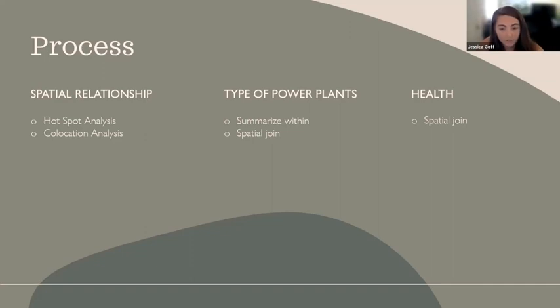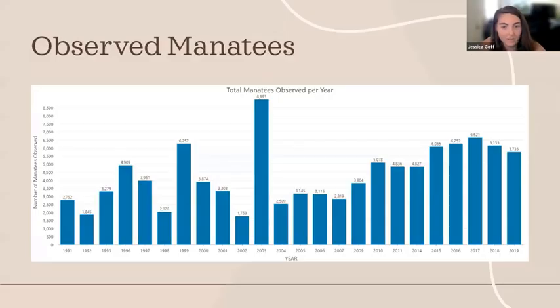All the data used in this project came from the Florida Fish and Wildlife Conservation Commission and the Homeland Infrastructure Foundation-Level Database. The manatee data that I used for this project was attributed to have one point equal multiple observed manatees.